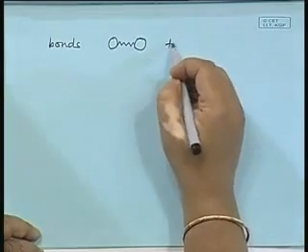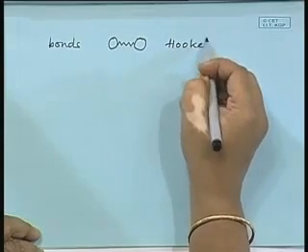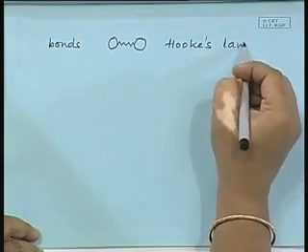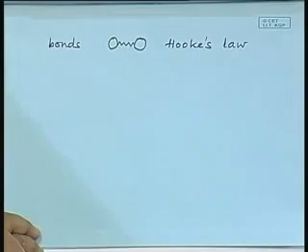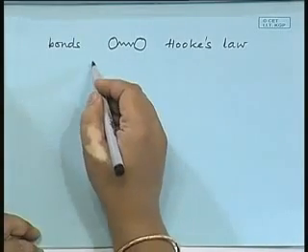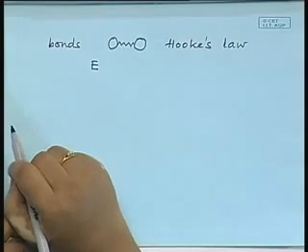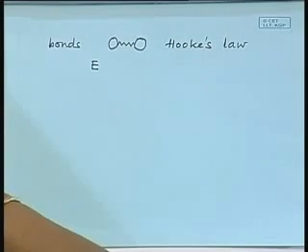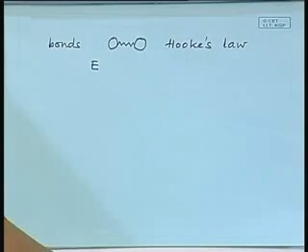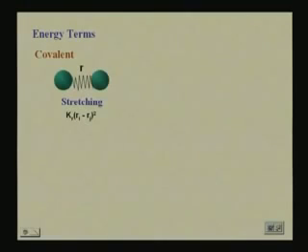All of you know what Hooke's law is. When you have two masses connected by a spring, they are going to give you some energy following Hooke's law. Okay? What is that? That is this. What is this energy due to? It is due to stretching energy.